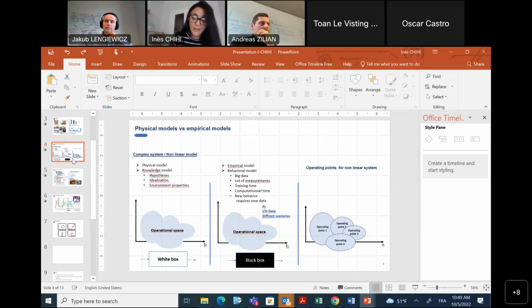And of course I will inject the previously estimated muscle force in my model. I don't know if it's clear or not.